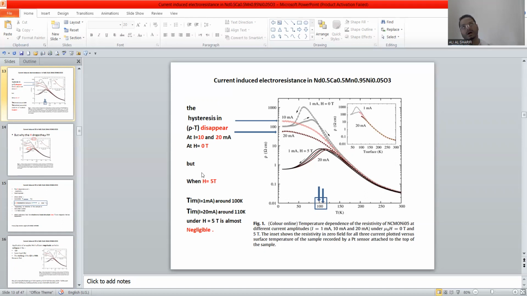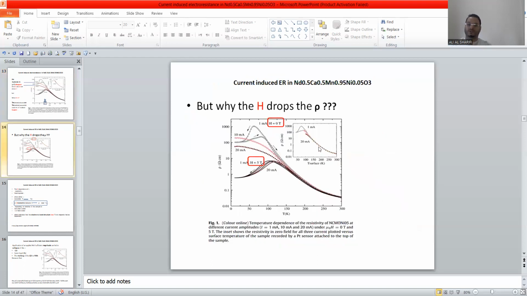Let's say we increase this magnetic field to be equal to 5 Tesla. The situation is different. We have some change, but negligible change when comparing with 0 Tesla. It is almost negligible between 100 Kelvin and less than 125.